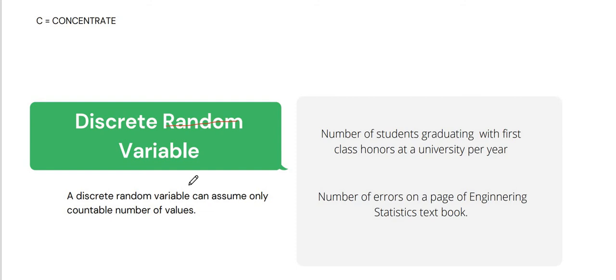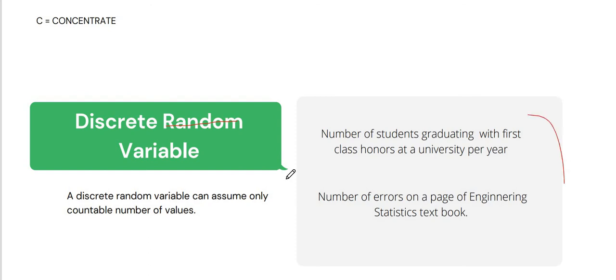So what does discrete mean? Here it is countable, something that we can count. For example, the number of persons, the number of cars, the number of houses.